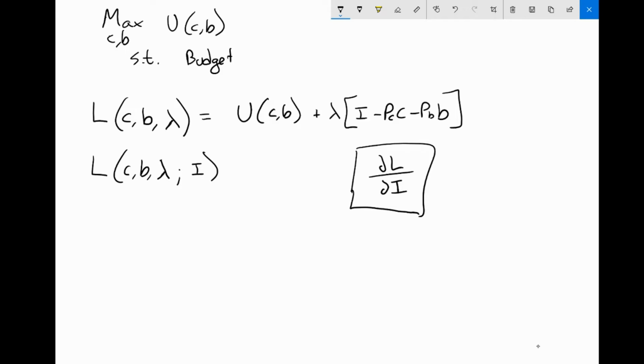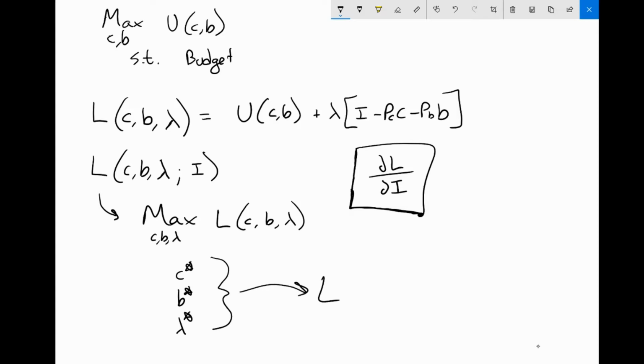If I wanted to know this at the optimal, that means I would need to, again, maximize this Lagrangian, find my optimal values, and then take these optimal values and plug them back into the Lagrangian, and end up with a Lagrangian function that is a function purely of the parameters.